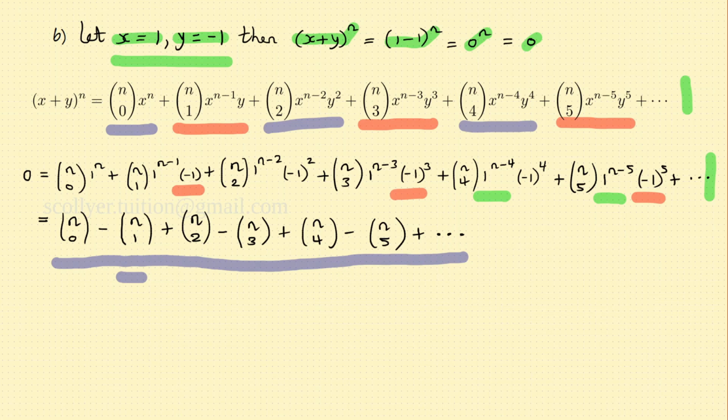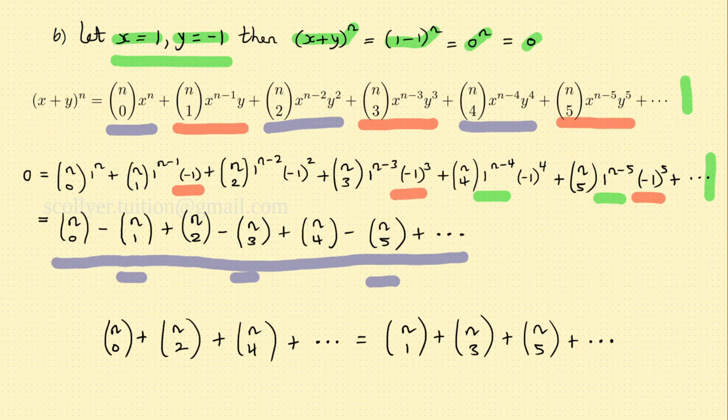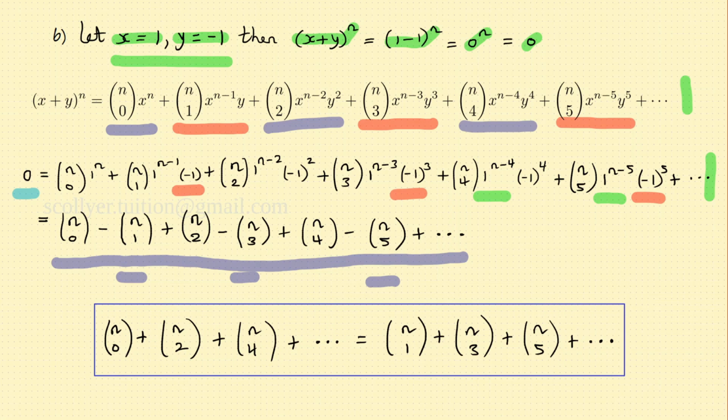The odd terms, n choose 1, n choose 3, n choose 5, become negative. The others are positive. And note that since the whole expression equals 0, we can add the negative terms to both sides to give us the desired result: the sum of the even binomial coefficients equals the sum of the odd binomial coefficients in the expansion of x plus y to the power n.